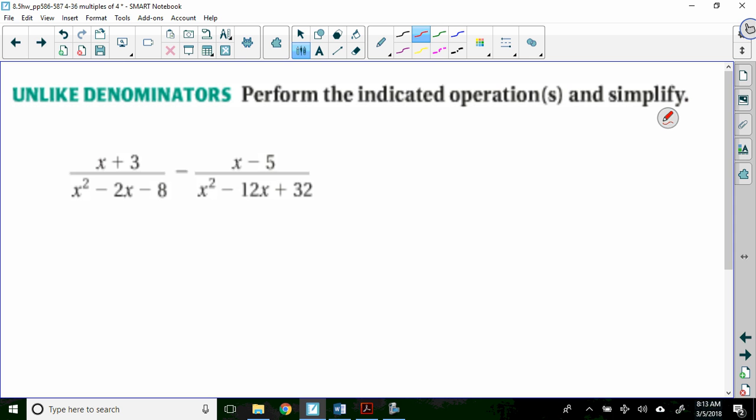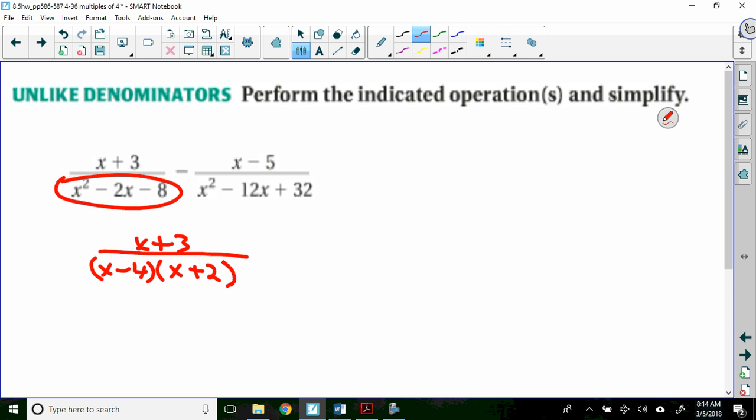So the x plus 3 really can't factor. The denominator here, though, this can factor. That's going to be x minus 4 and x plus 2. Minus the x minus 5, nothing really happens to that. But the denominator, that x squared minus 12x plus 32, that's going to factor into x minus 4 and x minus 8.